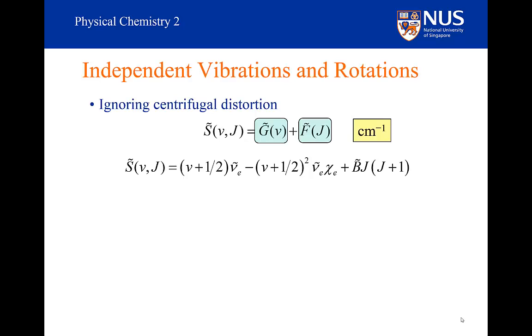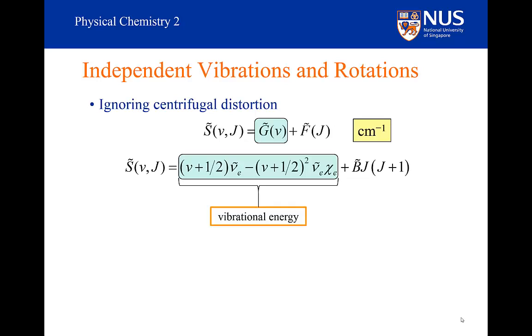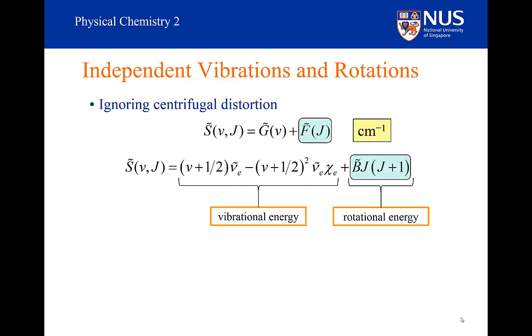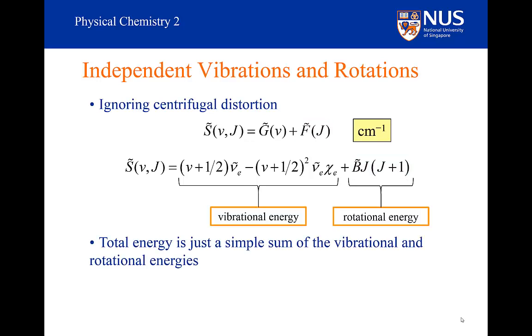And I can write out our vibrational term and rotational terms like so, that the total energy or rovibrational energy is going to be (V plus a half) nu e minus (V plus a half) squared nu e chi e plus B times J into J plus 1. The total amount of energy is just the sum of the vibrational energy and the rotational energy.